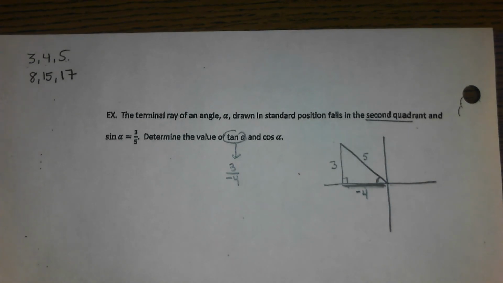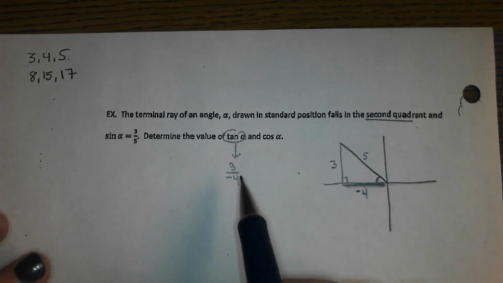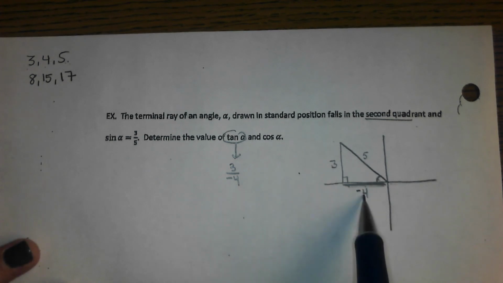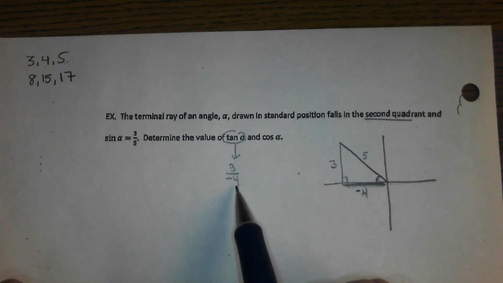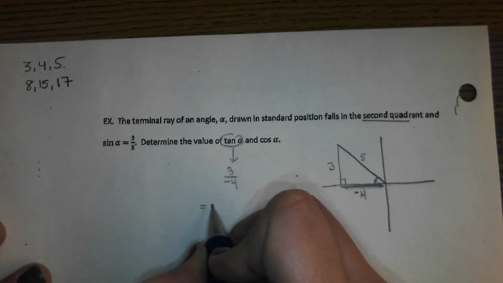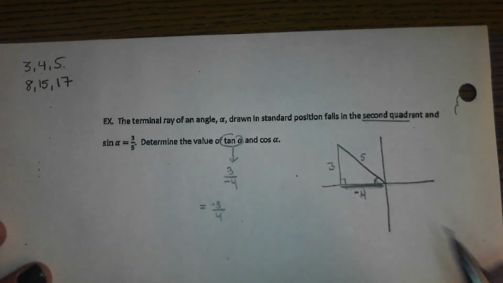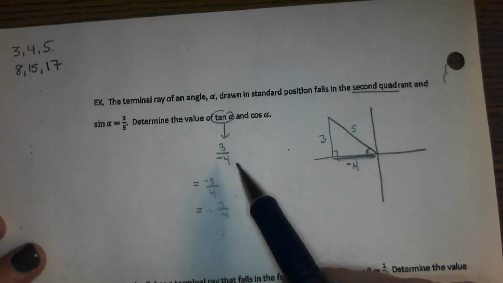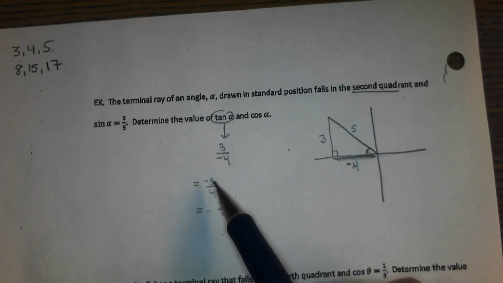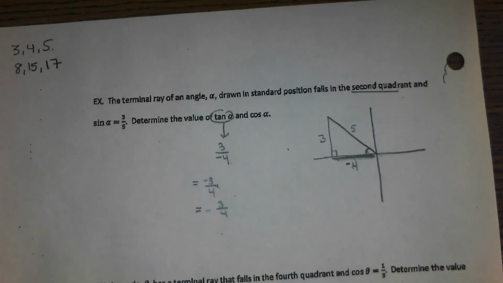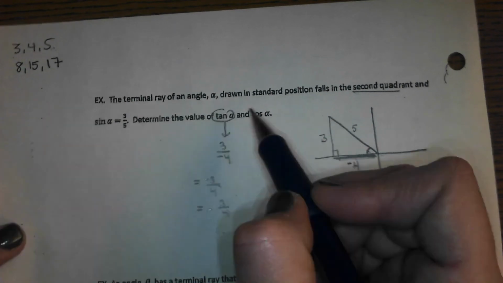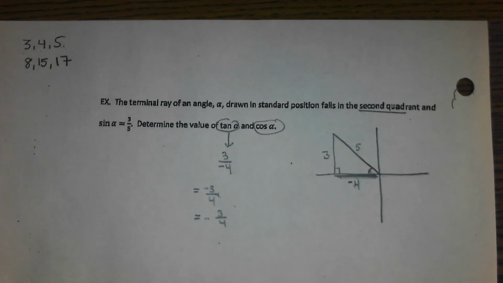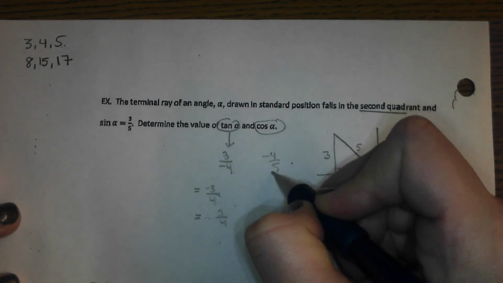We do need to be aware that if this was a multiple choice, even though we see opposite over adjacent and the negative is clearly in the denominator, this does equal negative 3/4, and it also equals negative 3/4. Whether the negative is solely in the denominator or solely in the numerator or out in front, that's all the same value. Good? And the cosine would be what? Adjacent over hypotenuse. Beautiful.